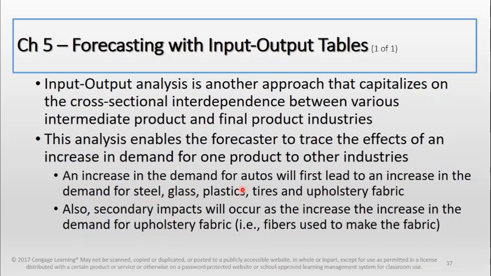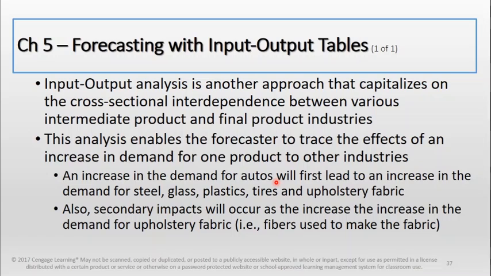Their specific inputs, let's say for the upholstery fabric, are the fibers used to make the fabric. So the fibers will also have an increase in demand because there is an increase in demand for upholstery fabric, and so on and so forth. So there is like a domino effect in input-output analysis.